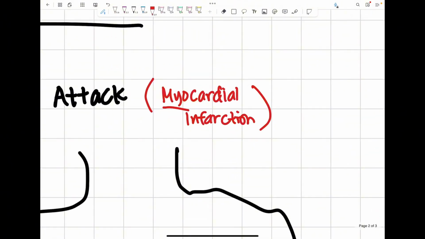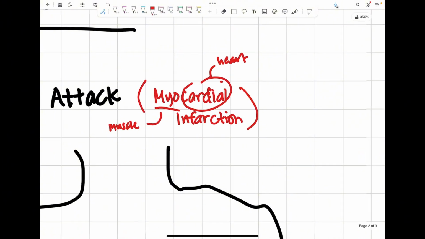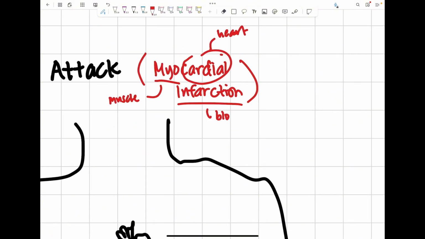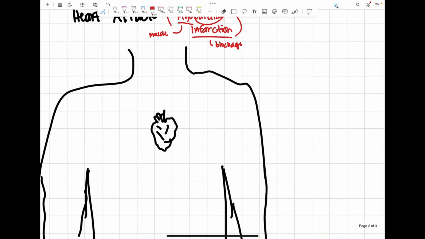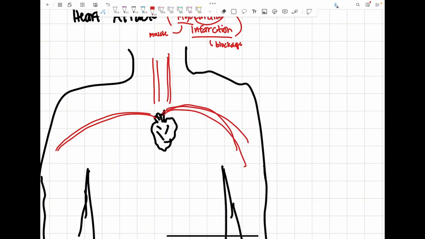Myo means muscle. Cardial means heart. Infarction means blockage. So when we say heart attack, it means that there is a blockage in certain veins in your body so that it cannot deliver enough supply of blood to your heart.